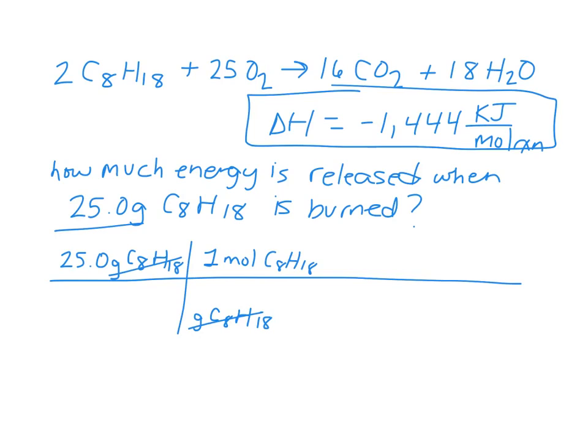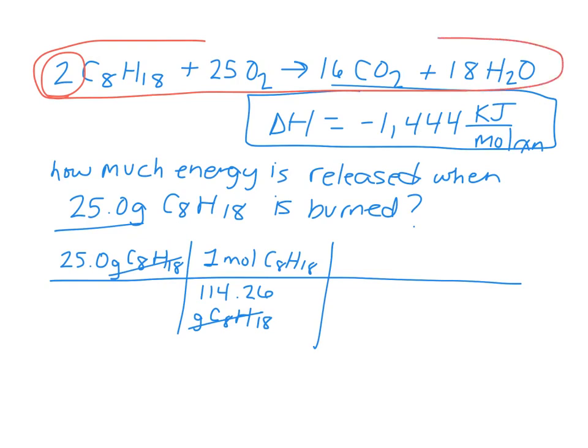So I'm looking up the molar mass of C8H18, adding up 18 hydrogens and 8 carbons. That's going to give me 114.26 grams. Now that'll cancel out my grams unit and convert it into moles. Now I want to look up here at my coefficient and see that for every 1 mole of this whole reaction, I need 2 moles of octane.